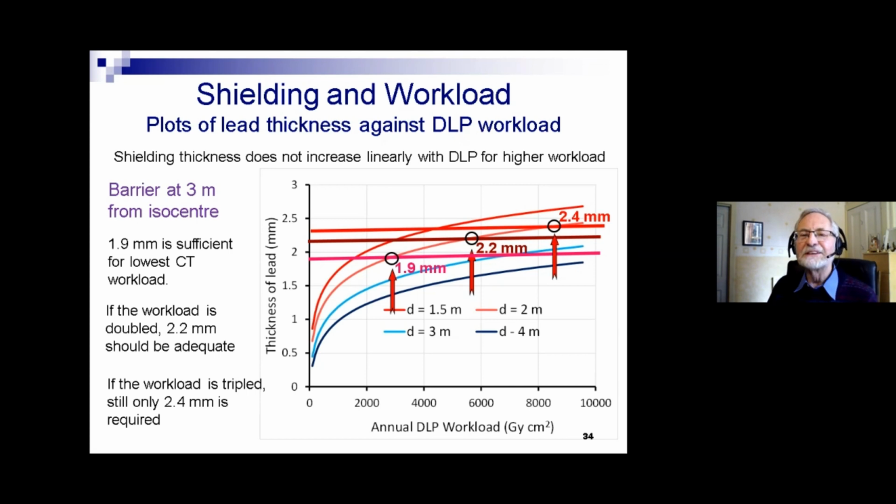So that's something to take into account if you think the workload may increase in the future, or if you're getting a new scanner and the workload is going to be increased. It doesn't necessarily mean that you will have to reshield the wall or increase the shielding in the wall.